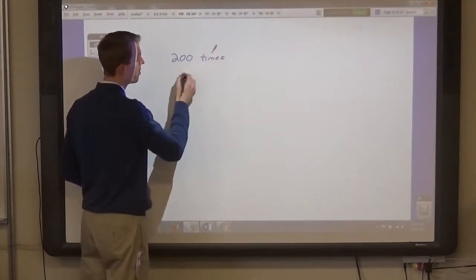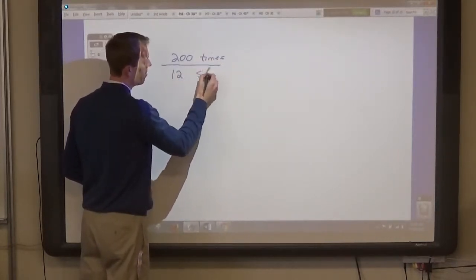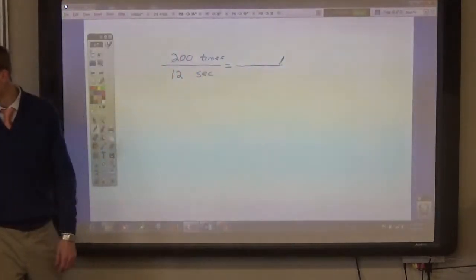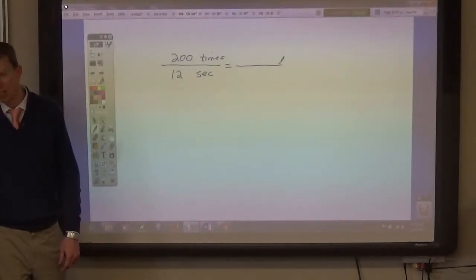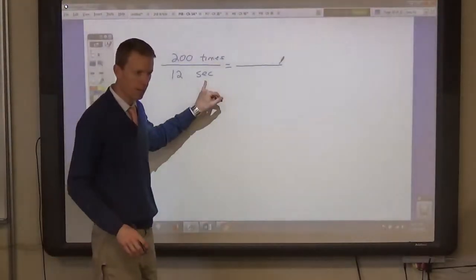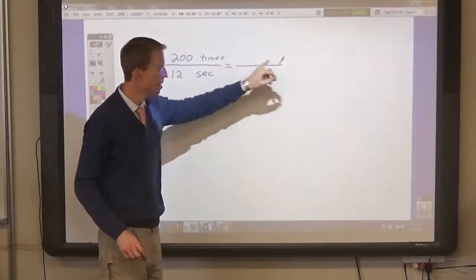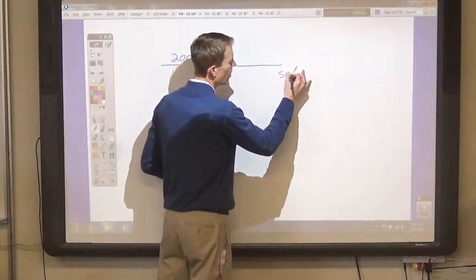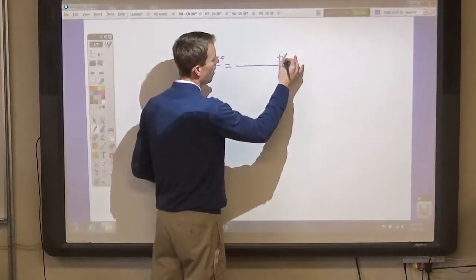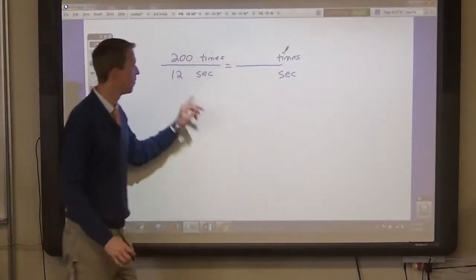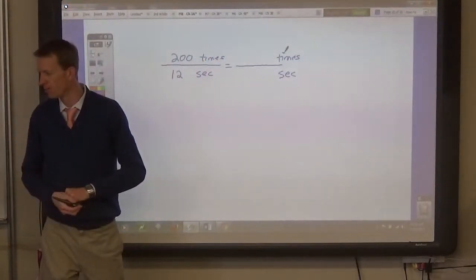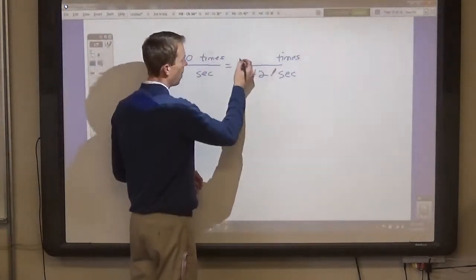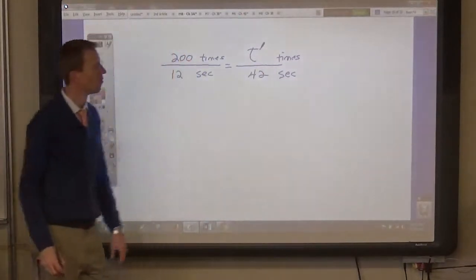Now, when you're setting up a proportion, you keep the labels on the same level. But instead of 12 seconds, you're going to find it in 42 seconds. How many times in 42 seconds? T over 42.